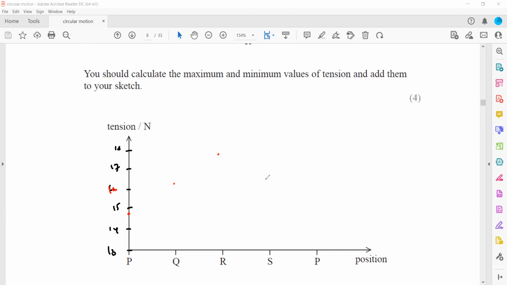At S, we need again 16.3, so it will be here. At P again, we need 14.8, and then 16.3. At R we need 17.7, then at S again 16.3, and at P again 14.8.